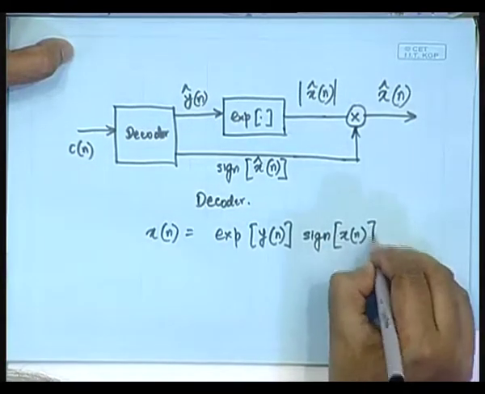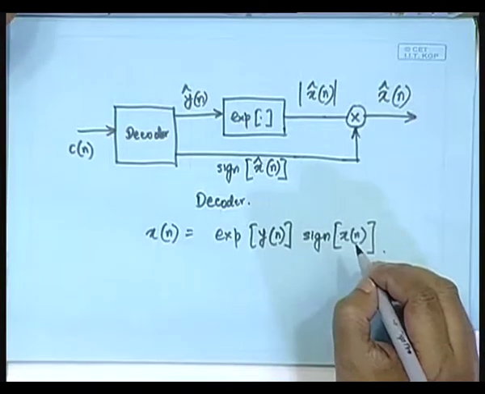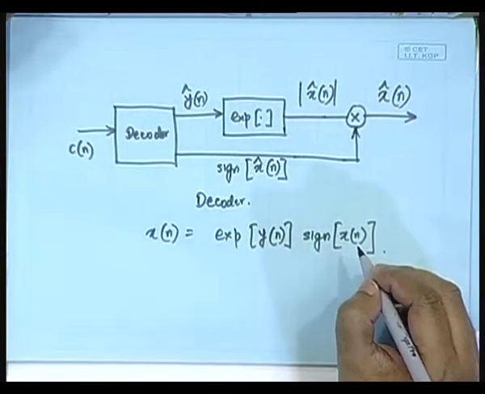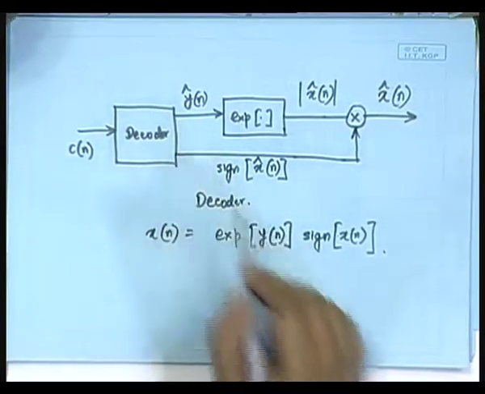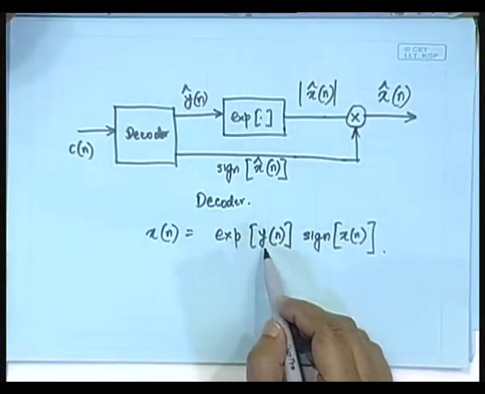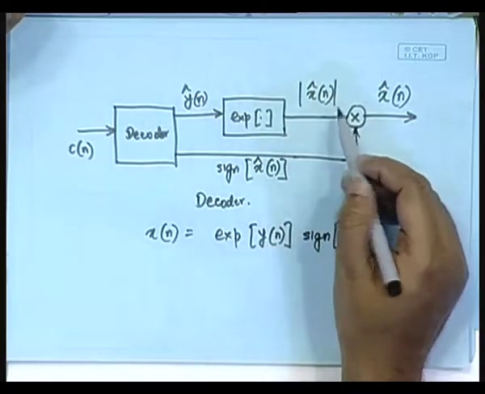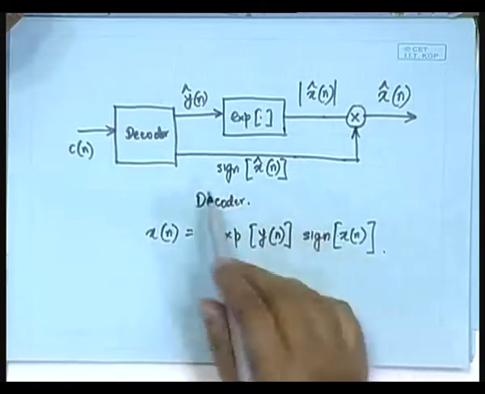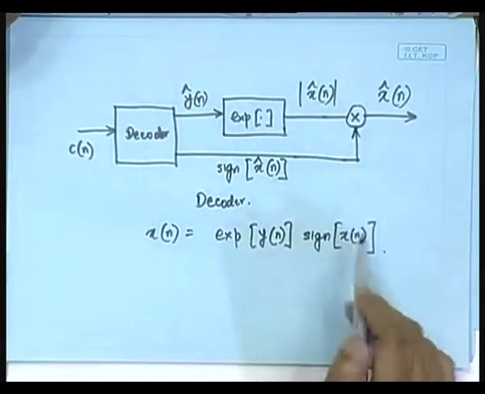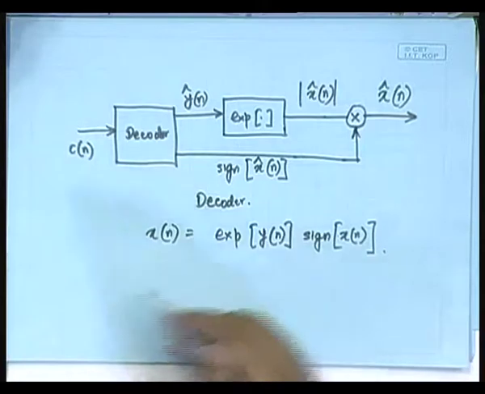You see, this is exactly what we are going to do. Only thing is that here we are not saying y n, we are saying y cap of n. But exponential of y cap of n is nothing but the mod of x n, and that is actually multiplied by the sign of x n. In this case, we use the x cap.